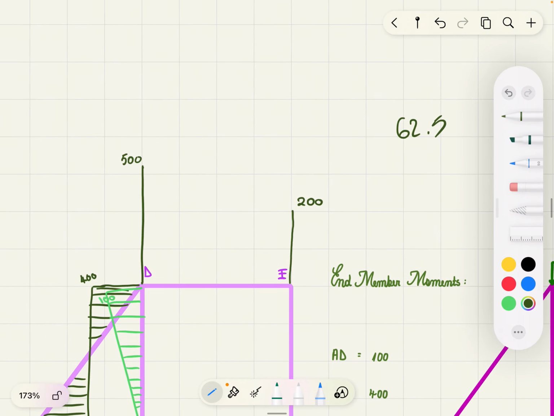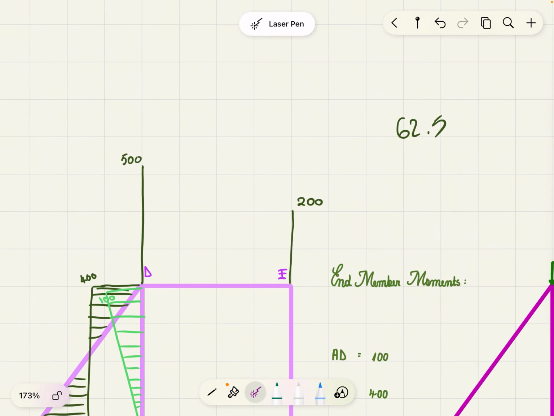Okay, so we say we can't join these up, but we can find the value of moment that would have been acting at midspan by finding basically the midpoint of these. So 500 plus 200 is 700, and 700 over 2, because we're looking at midspan, tells us that here we would have had 350.